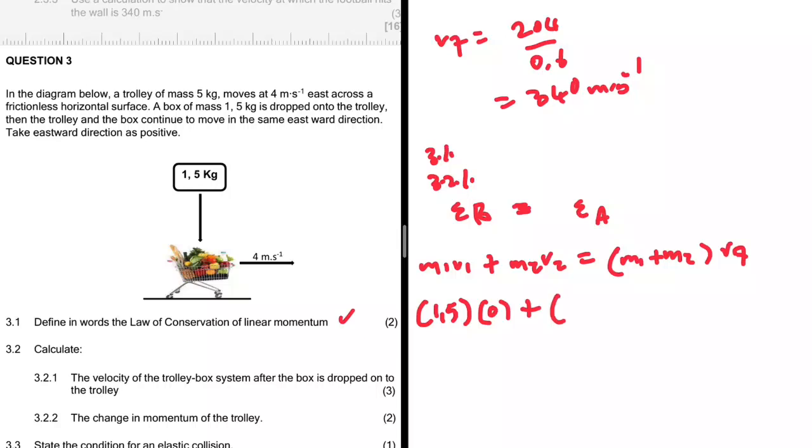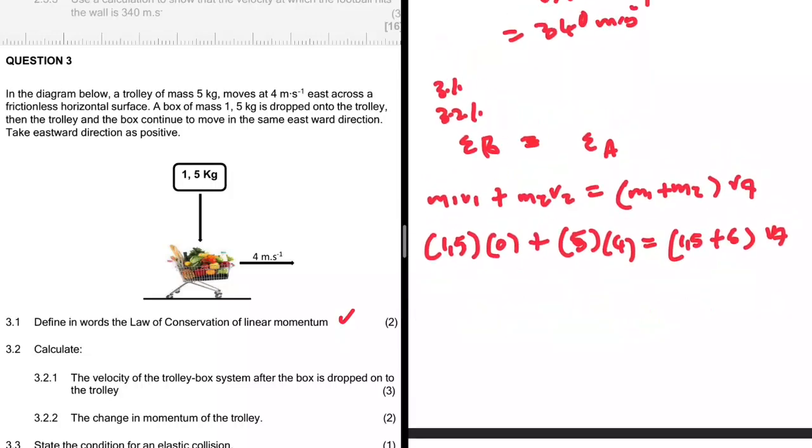Plus the mass of the trolley, which is 5, and its velocity is 4 meters per second to the east. We're already told that we must take east as positive, so that is 5 multiplied by 4. After the collision, we have (1.5 plus 5) multiplied by vf. This gives us 20 equals 6.5 vf, so vf is 3.08 meters per second east. So there we go, 3.2.1.